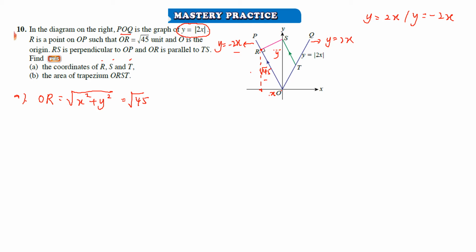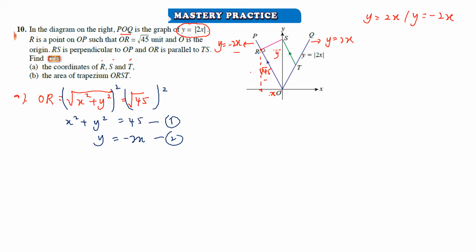So we square both sides. Okay, we obtain x squared plus y squared equals 45. So this is our first equation, and the second equation is y equals negative 2x.